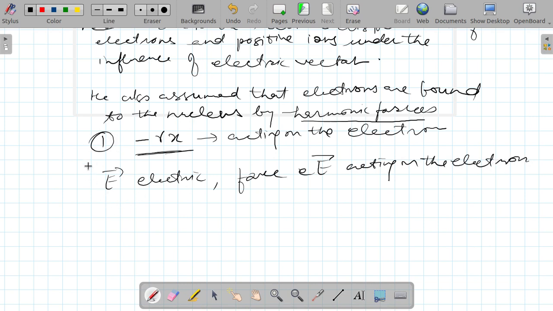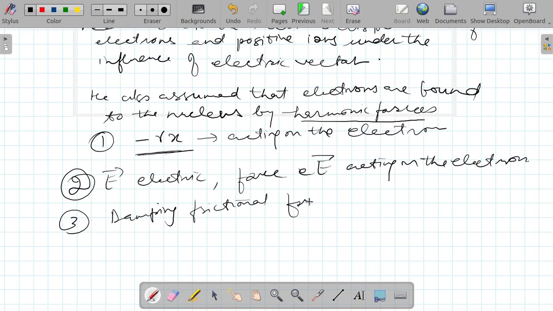And this is one term, this is another term, and this is the third term. That is, there is a damping frictional force that will also be acting on the system. So the damping frictional force will be represented as minus alpha dx by dt.